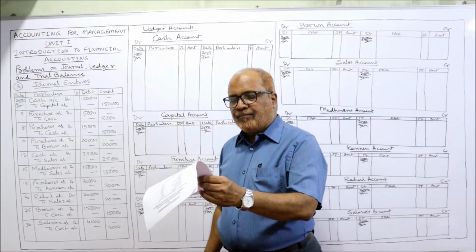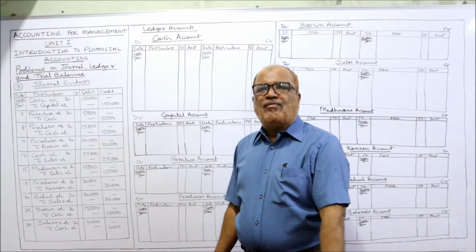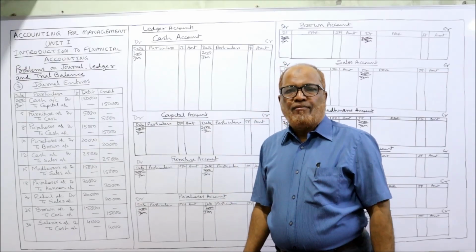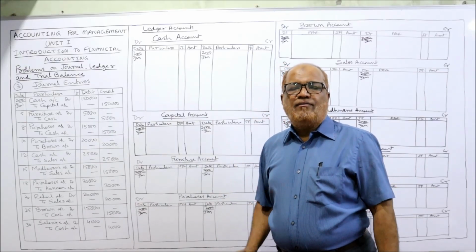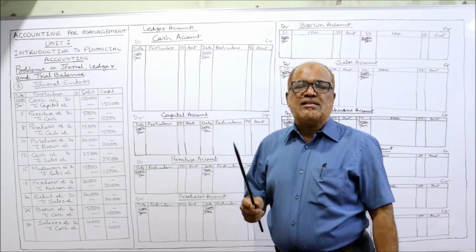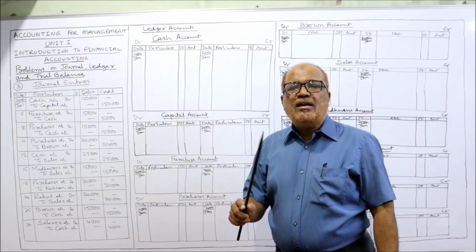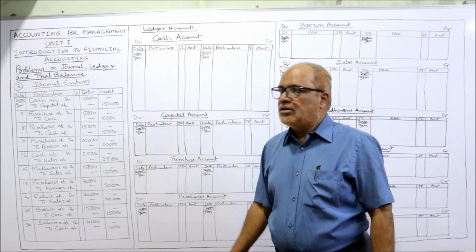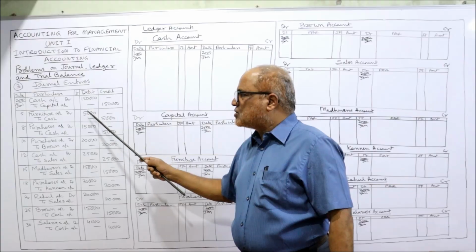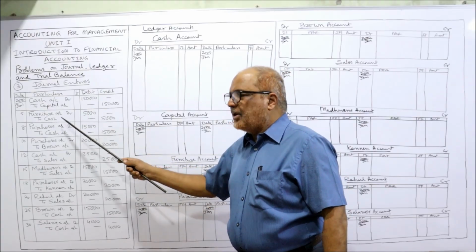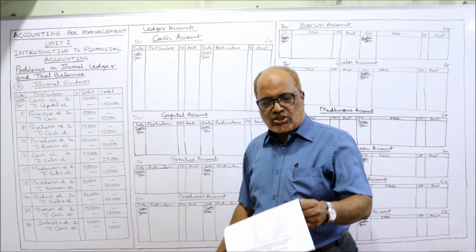Next, 5th January, purchased furniture for cash. Furniture is an asset. Whenever an asset is purchased, the asset should be debited. So furniture account debit 5,000 to cash 5,000, being the furniture purchased for cash.